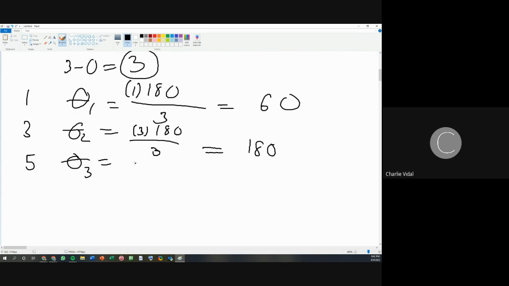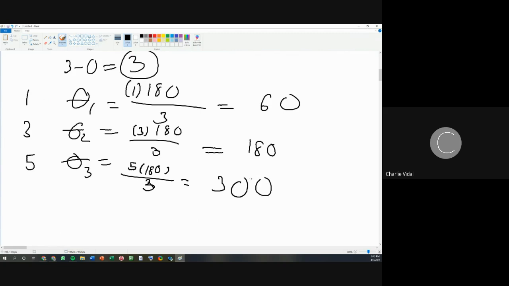The last one is 5 times 180 divided by 3, which is 60 times 5, and that is 300.